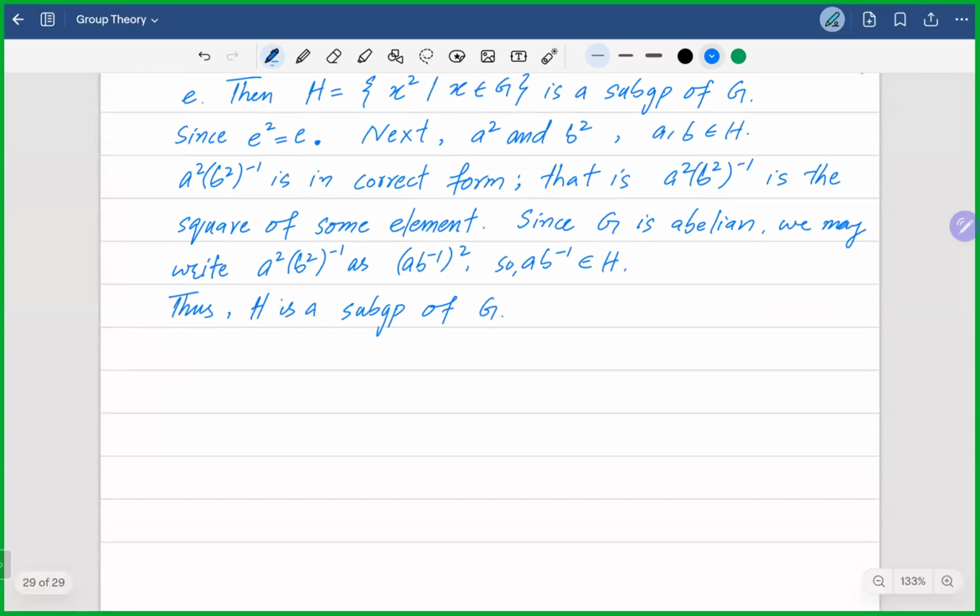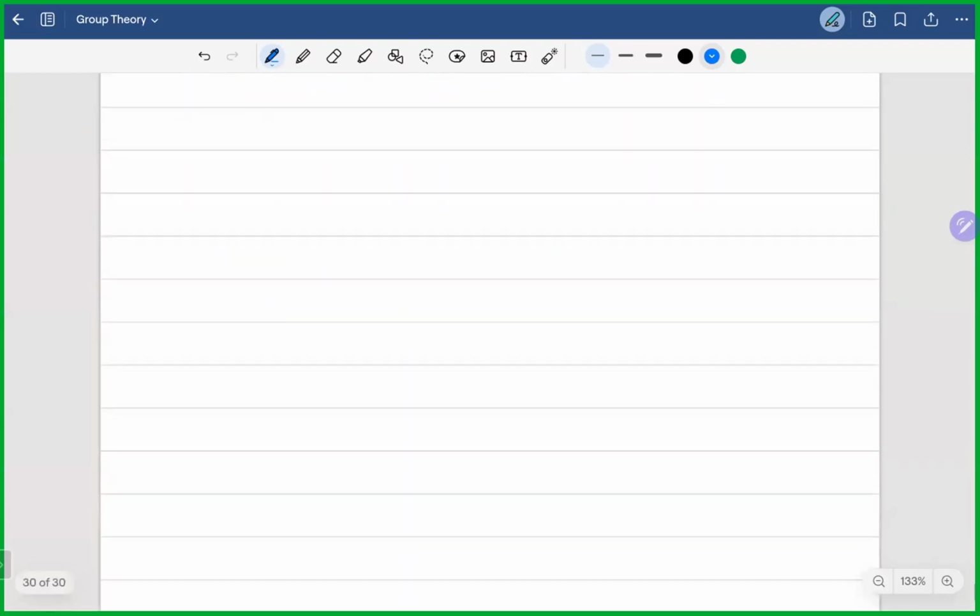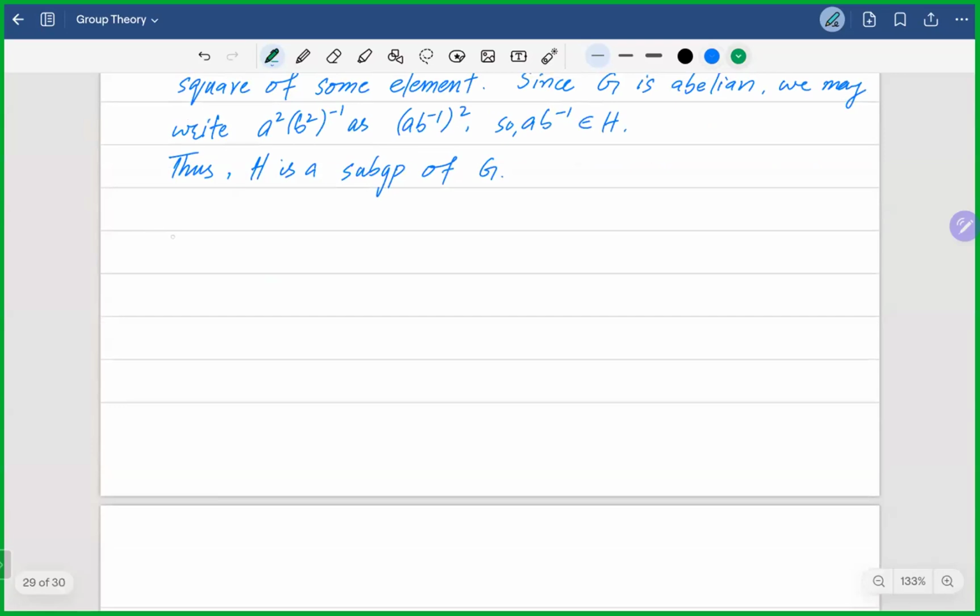Now, we give another theorem and we call it two-step subgroup test. So let's write the theorem. Two-step subgroup test. Okay.